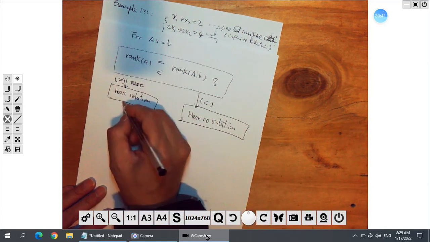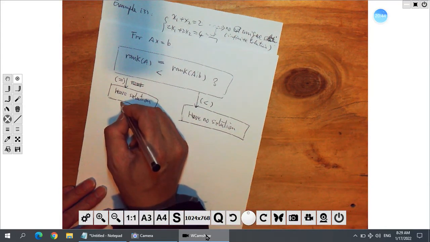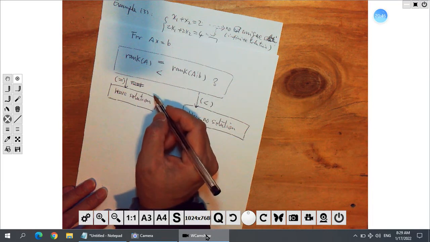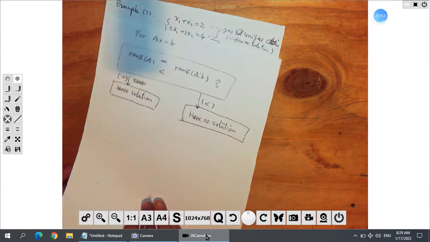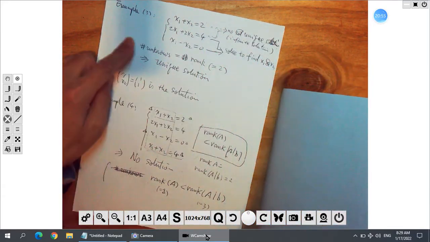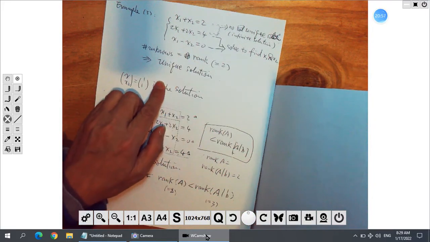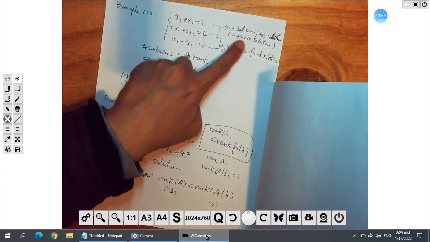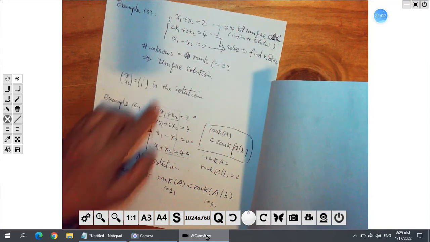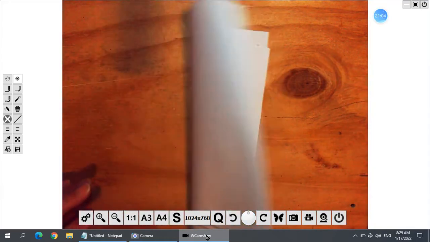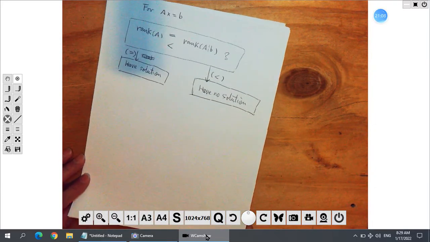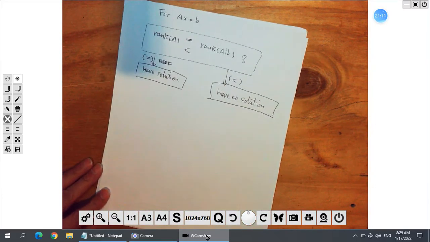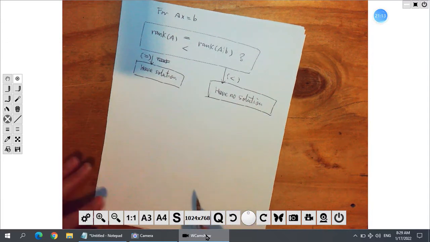And when we have solution, actually we have two cases. One case is we have a unique solution, another case is we have infinite solutions, right? As we showed in the example. In this case we have a unique solution. And in the beginning we had the case with infinite solutions. So when we have solution, there are two possibilities.